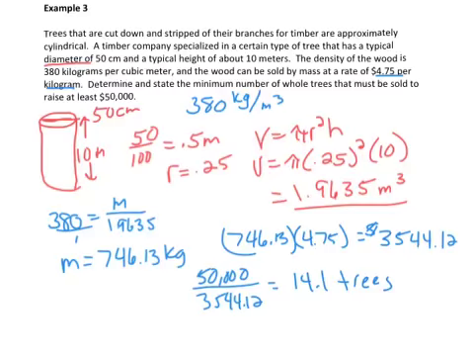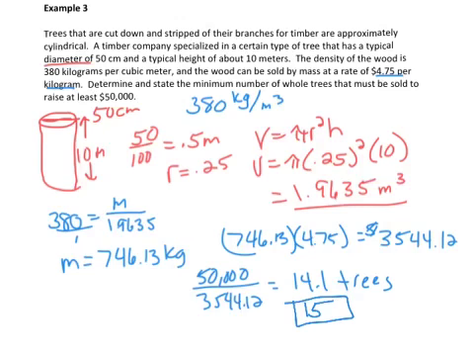So since this is 14.1, we got to jump up to the nearest whole tree, and that's going to be 15. And you can double check. Take 15 and multiply by 3544.12 and see what you get. And that'll be above 50,000, whereas the 14 is going to be slightly less than 50,000.